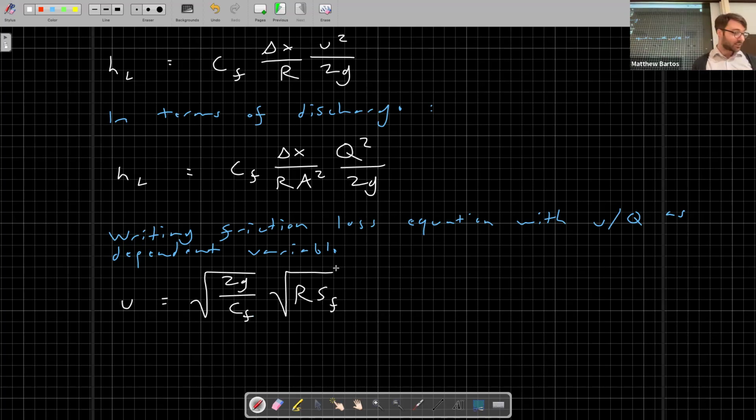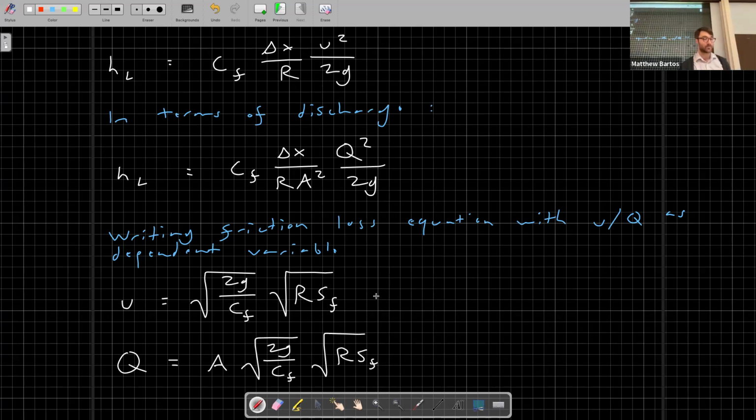And if we multiply this entire thing by the cross-sectional area, what do we get? We multiply this velocity by the cross-sectional area, Q. We get that Q is equal to cross-sectional area times the square root of 2G divided by our drag coefficient times the square root of the hydraulic radius times the friction slope.